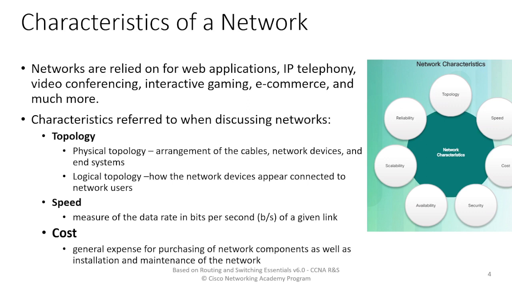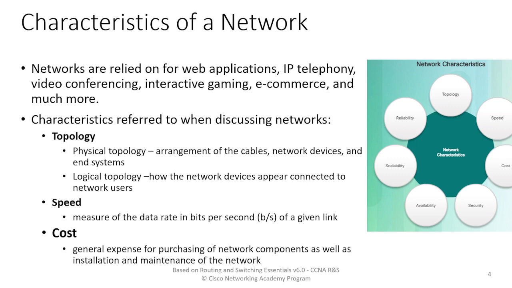Cost can again be a significant factor, because when we build large networks, when we think about enterprise scale networks, the price of components would significantly contribute to the overall cost of the network, both for installation cost and sometimes even the maintenance cost of the network.